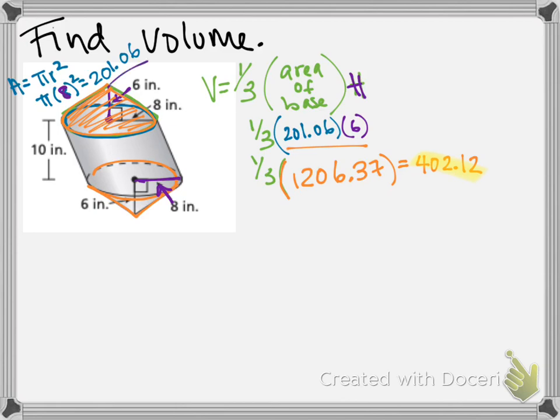So the area of the base is the same, and the height is the same. So actually, we already know the bottom is also 402.12. Okay, so I'm going to keep that in mind. I don't know how to signify that for you without blocking.